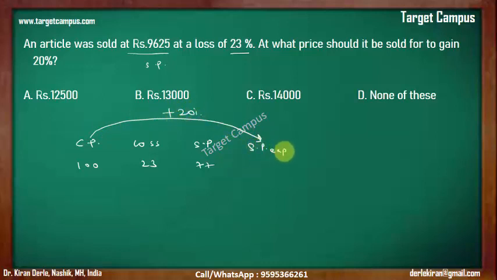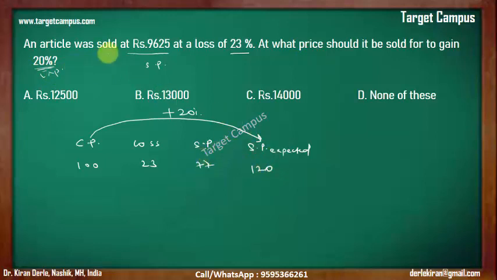This is the expected selling price, and that is 120 rupees, right? Think of it, guys. Cost price is 100, loss is 23, selling price is 77. But the expected selling price is 120, because it is given: at what price should it be sold to gain 20%. So this is the expected gain, and so the expected selling price is this.